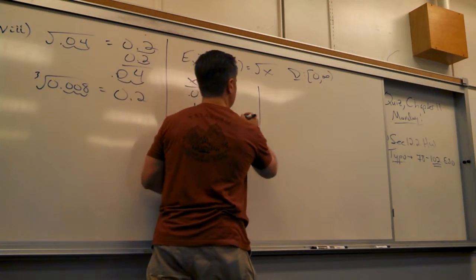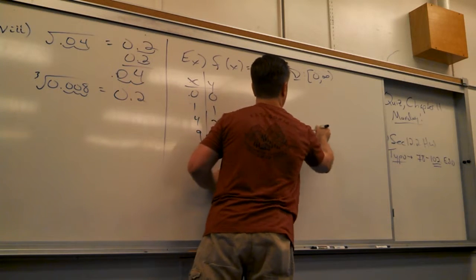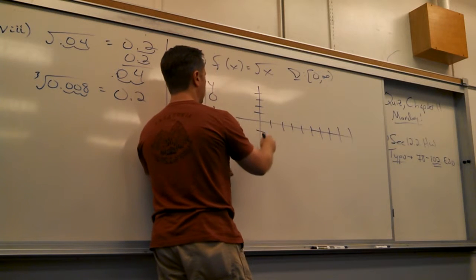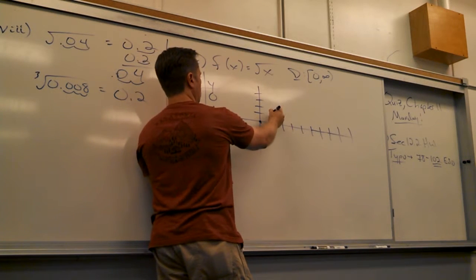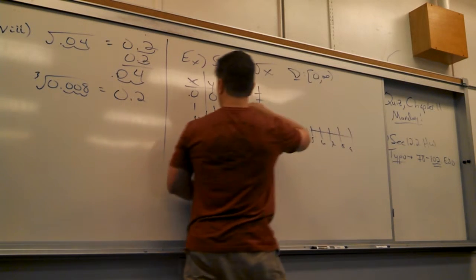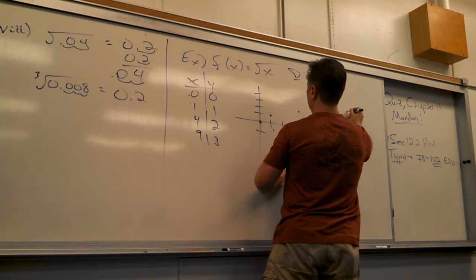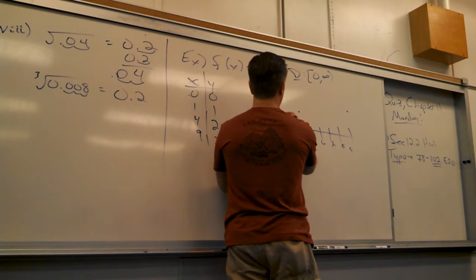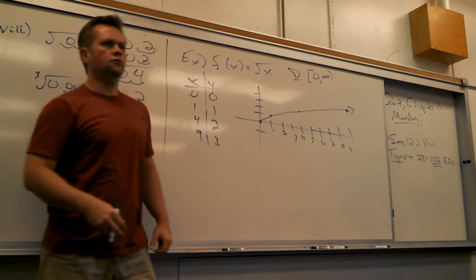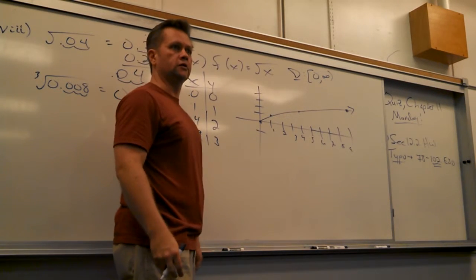So now I want to graph this thing. I just have to plot those points. 0, 0, 1, 1, 4, 2, 9, 3, and there it is. Now, what does that look like, sort of?